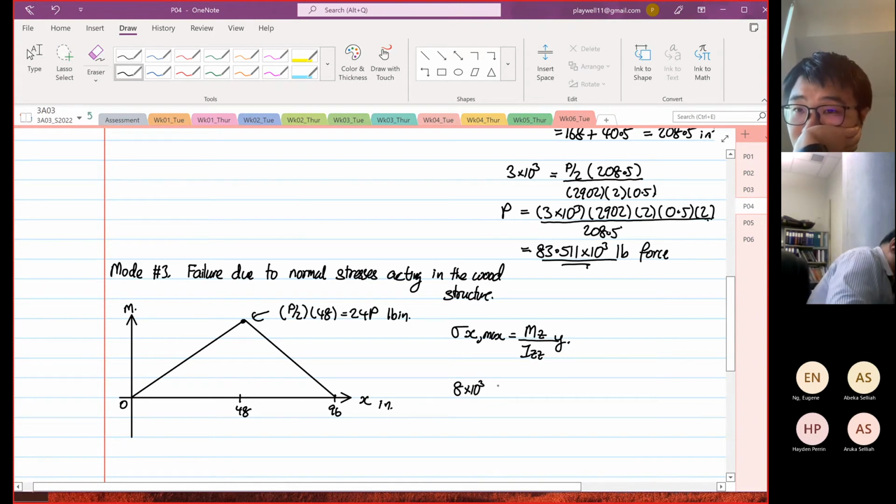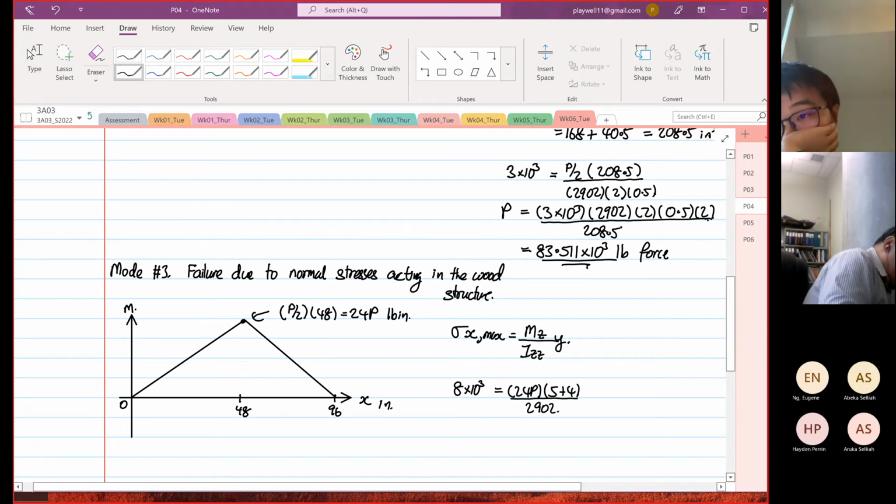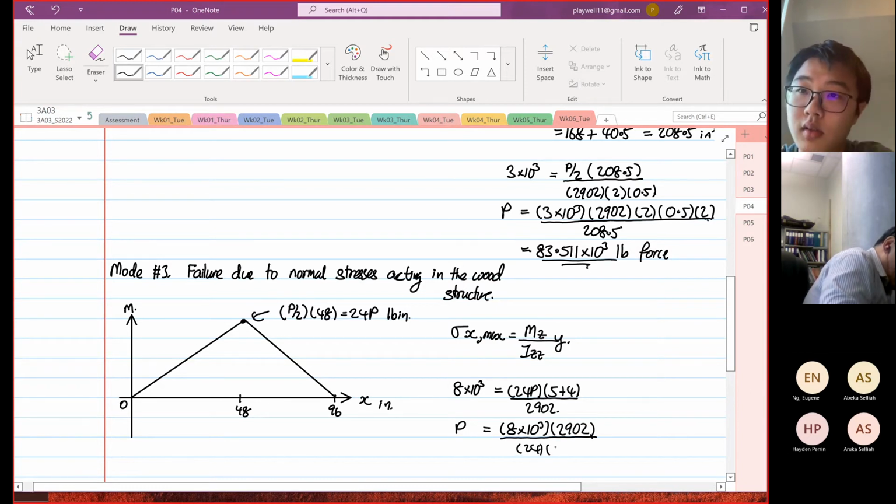Then this will be equal to 24P, y is equal to 5 plus 4, and Izz is 2902. So therefore P is equal to 8 times 10 to the power 3 multiplied by 2902 divided by 24, and then we have a 9 down here.